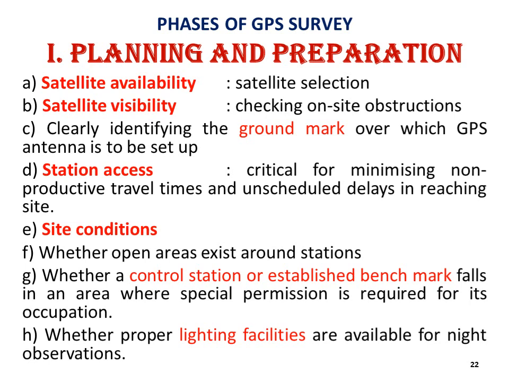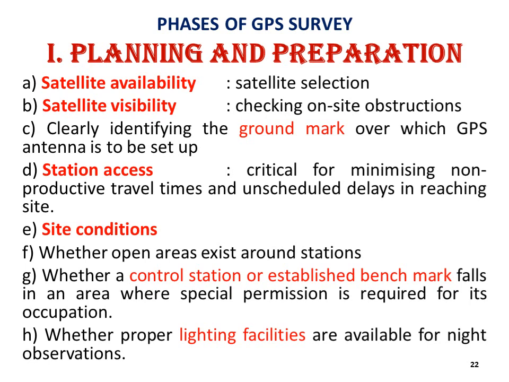Then station access, critical for minimizing non-productive travel times and unscheduled delays in reaching the site. If you select a particular point as your station and it is difficult to access, it will prolong your travel time and affect your scheduled days, causing many problems. So station access has to be checked.